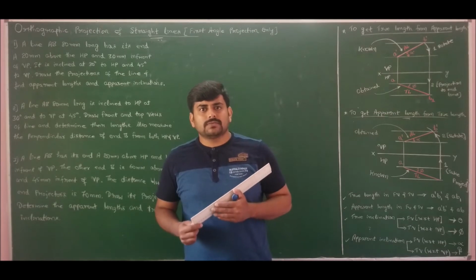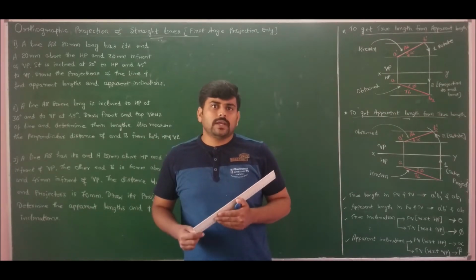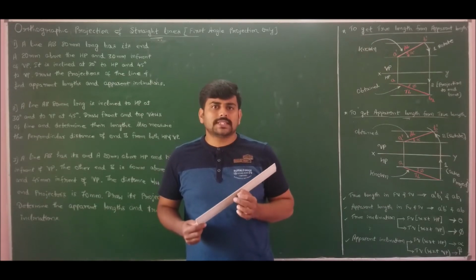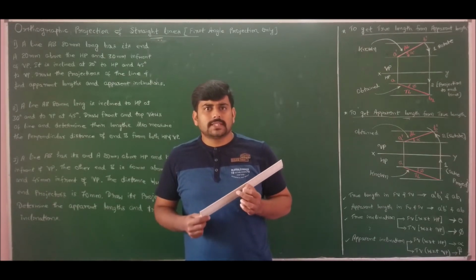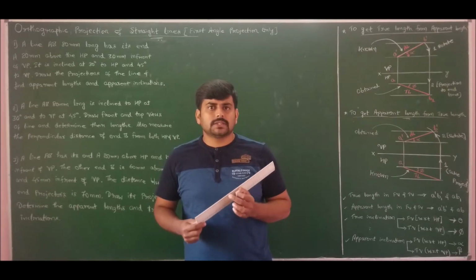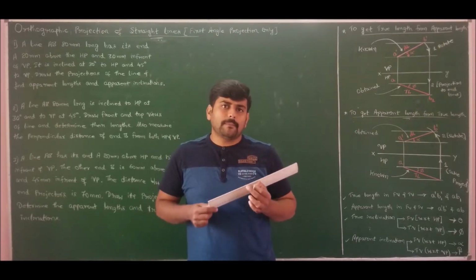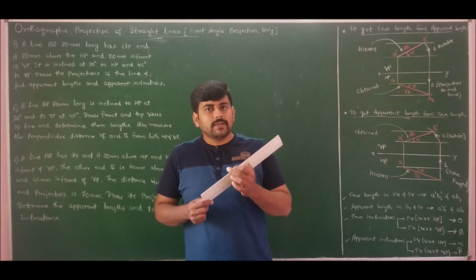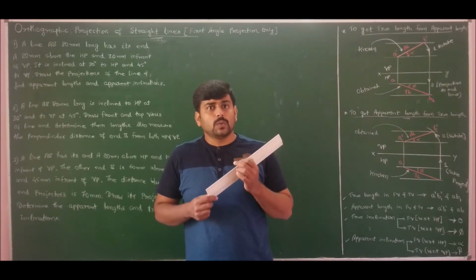So such prepositions will be made, like appears to be, or he will specify in which view it is mentioned. If he gives the dimensions in a continuous sentence without any prepositions like appears to be or front view, top view, then whatever dimensions he specifies will be the true dimensions.